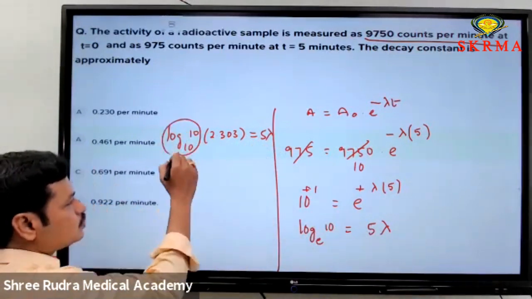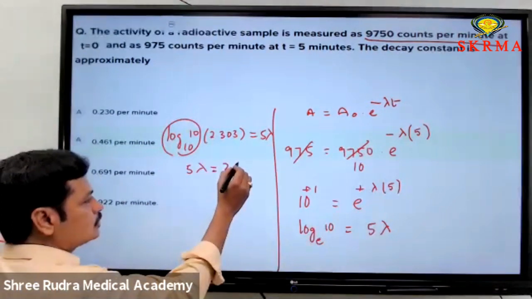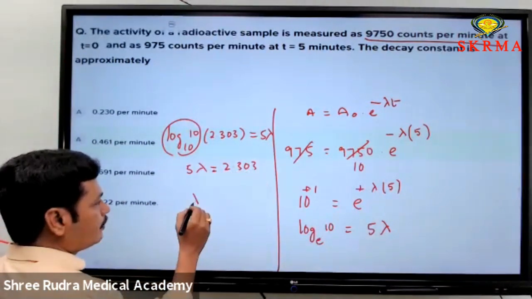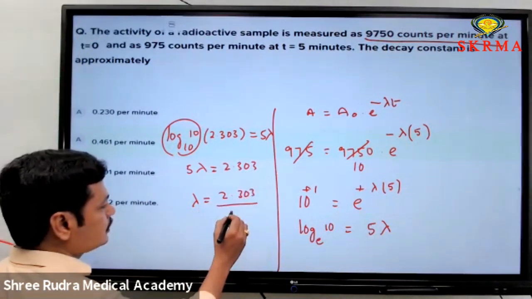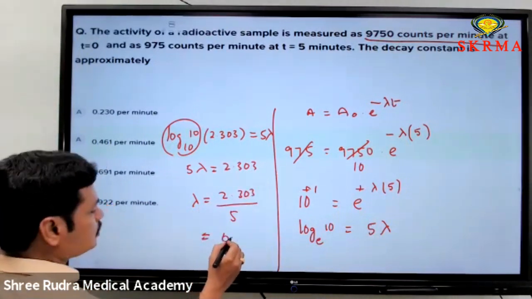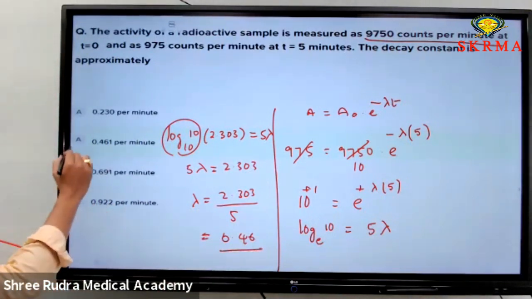Log 10 base 10 is 1. That's why 5 lambda equals 2.303, and lambda equals 2.303 by 5. The approximate value equals 0.46. That's why the correct option is A.